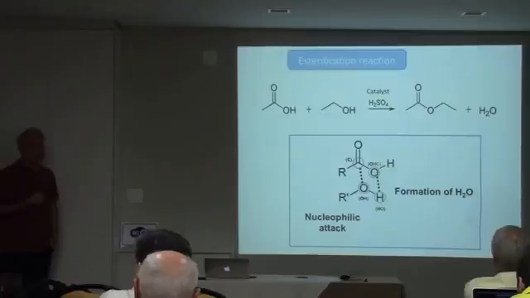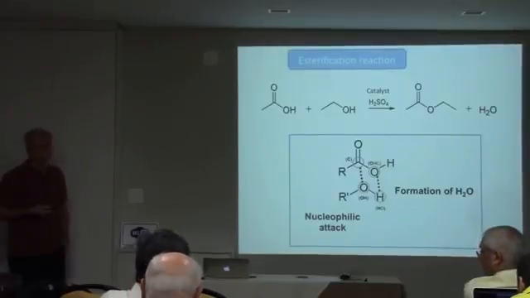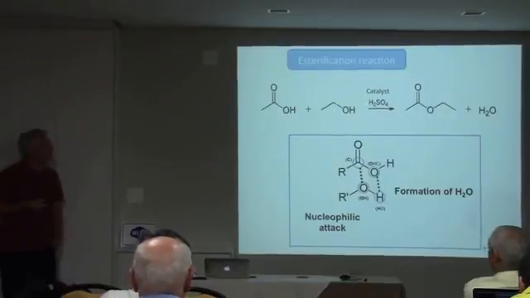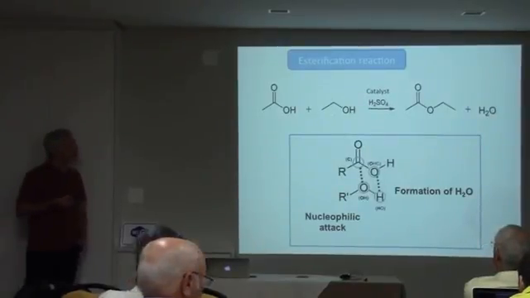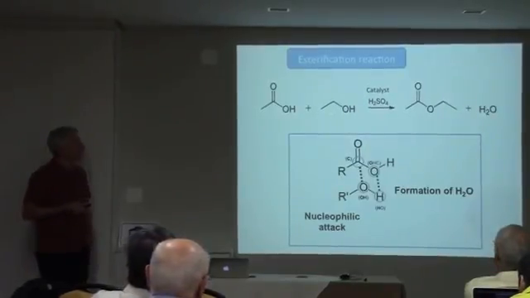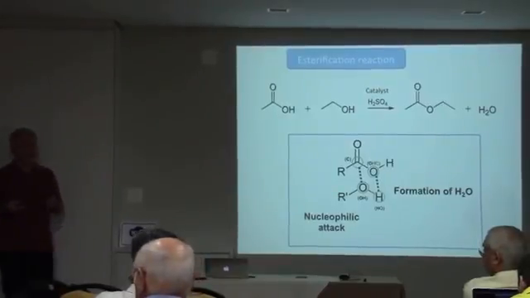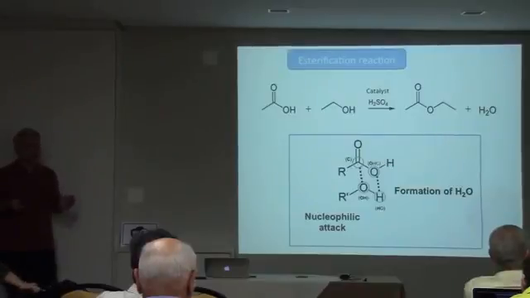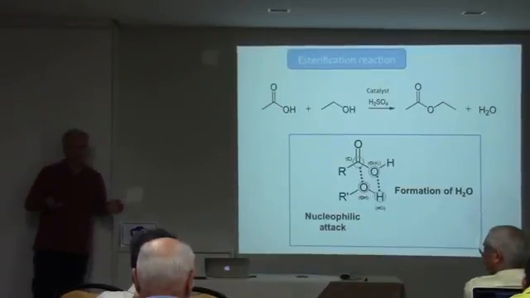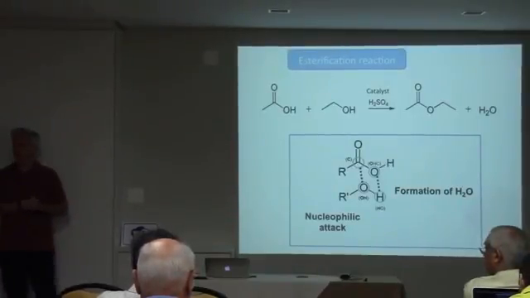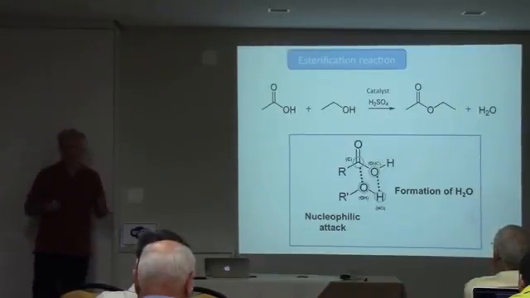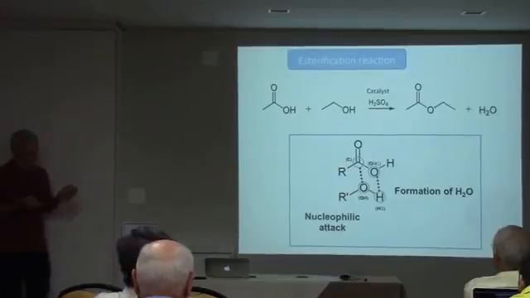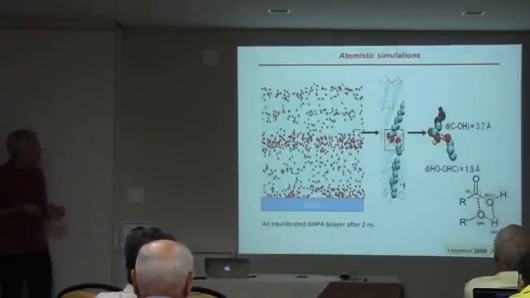To do this in a homogeneous solution, we need a strong catalyst. We need a strong acid, which has the role of a catalyst. But in nature, we don't have this. The fruit and the leaf form the polyester in mild conditions. How does it work?